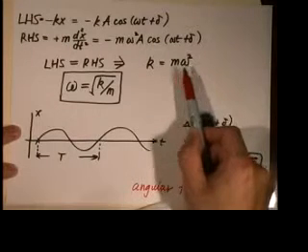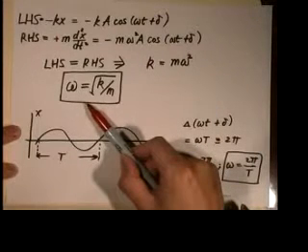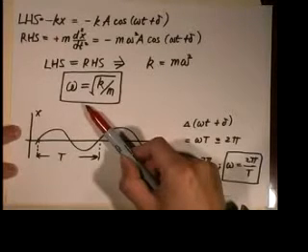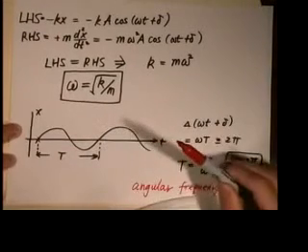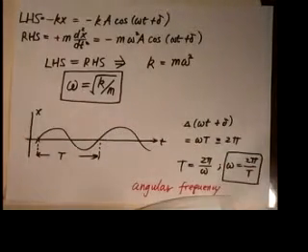In other words, omega equals the square root of k over m. This is the only requirement which will make our solution valid. In other words, we did find the correct solution to the equation, and that is x equals A cosine(omega t plus delta), with only one requirement: omega cannot be just anything else. It must be the square root of k over m.